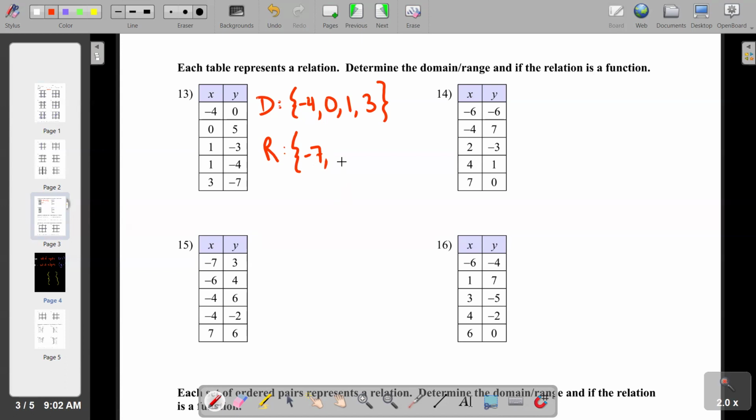Who's after -7? After that? After that? 0, and after that? 5. That is how you write out a discrete domain and range. Capital D, capital R, curly brackets, elements separated by commas, small to big.